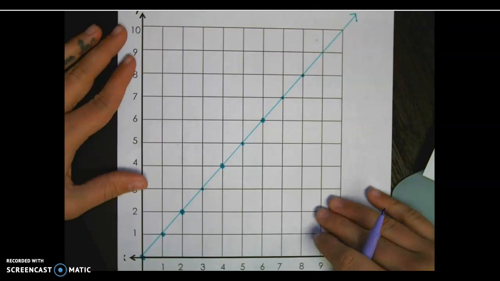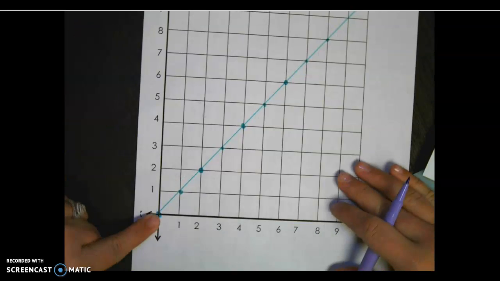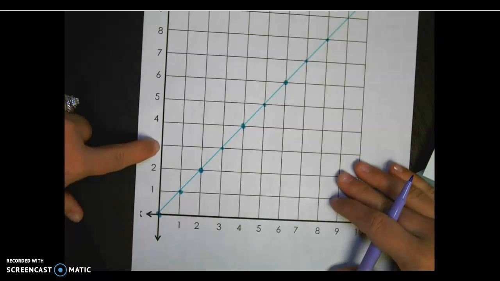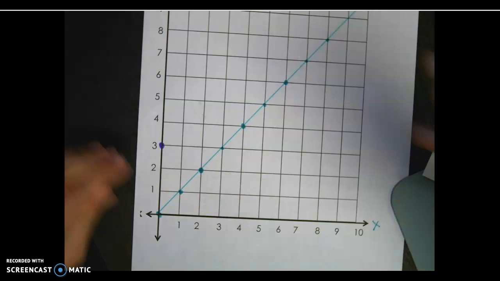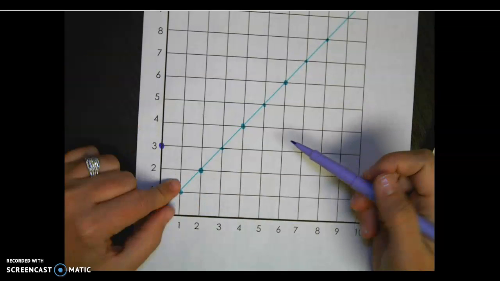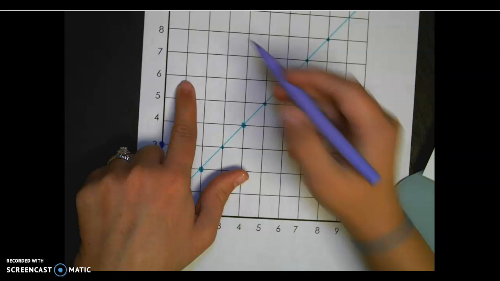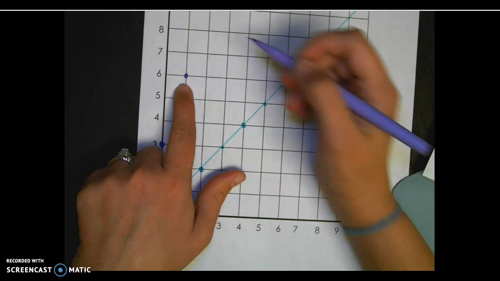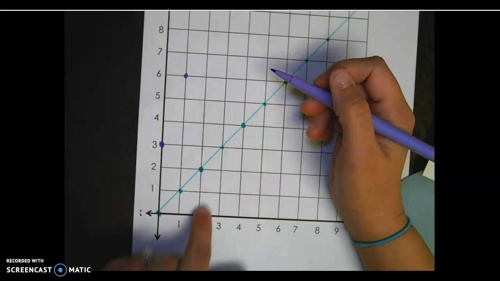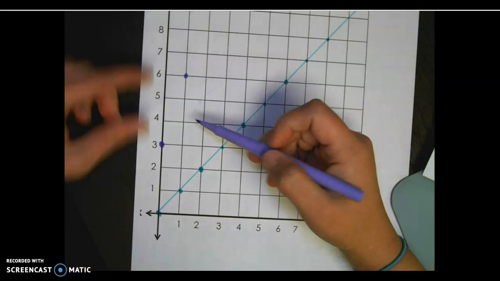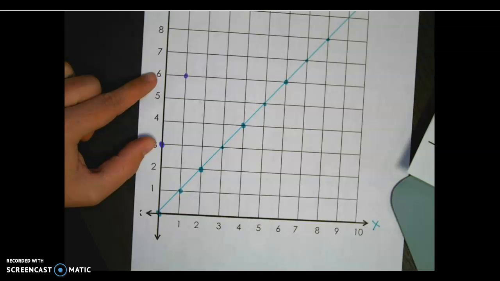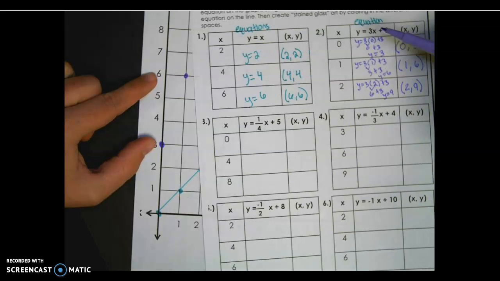So I know my first point is 0, 3, so I'm going to start at 0 and go all the way up to 3 and put a dot. Then I have 1, 6. And then I have 2, 9. As you can see, if you remember, the slope for this equation is 3.